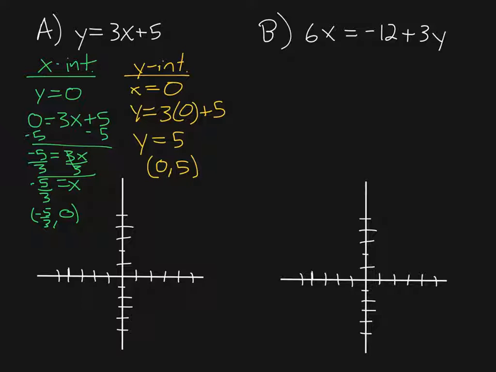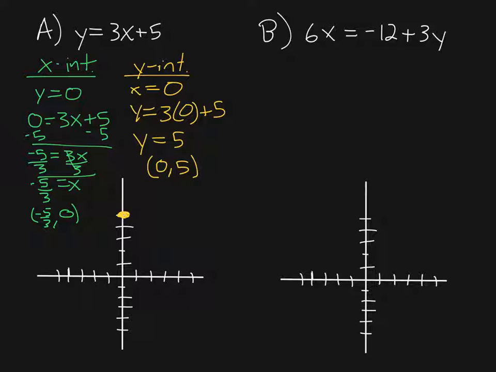Now we can plot both of these points on our graph. Finding the y and x-intercept actually makes graphing really easy. I know my y-intercept is 0, 5, so that's going to go right here, 0, 5 on the coordinate plane on the y-axis. And my x-intercept is negative 5 over 3, 0.